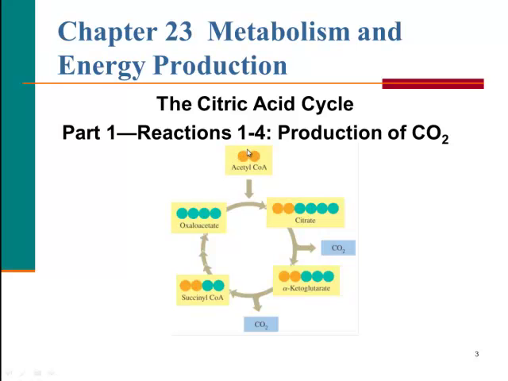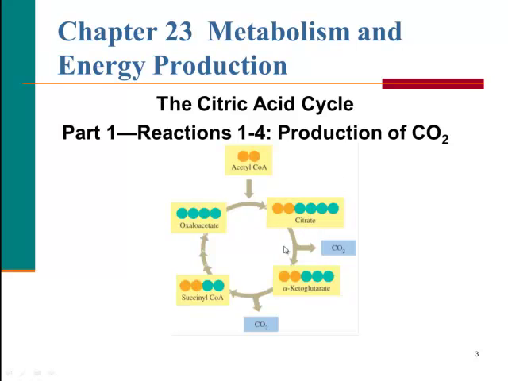So the bottom line for the citric acid cycle is that 2 carbons of acetyl-CoA, which would have again originally been a part of our glucose molecule at the very beginning, these 2 carbon atoms are added onto a 4-carbon molecule to make the 6-carbon molecule citrate.